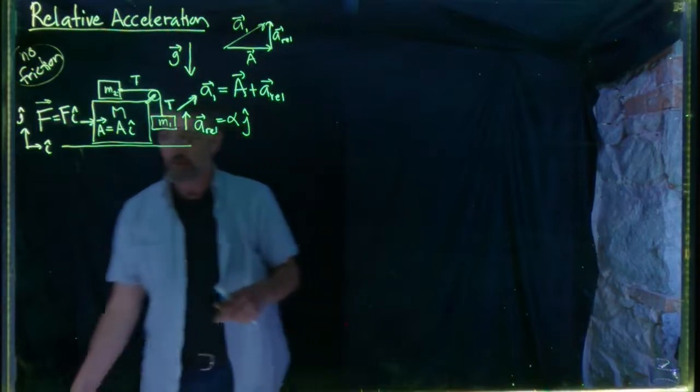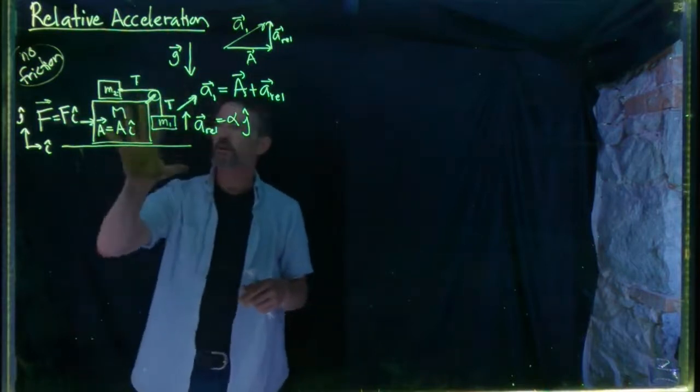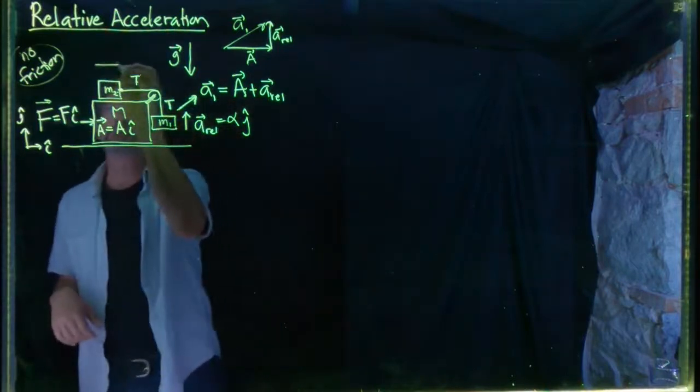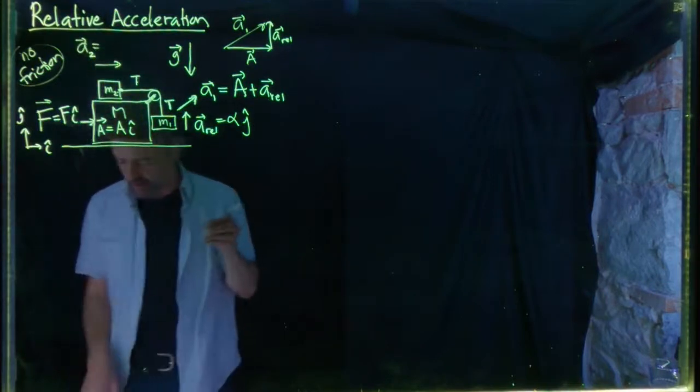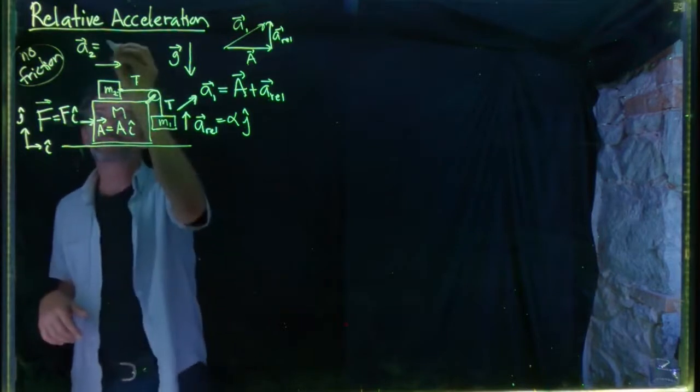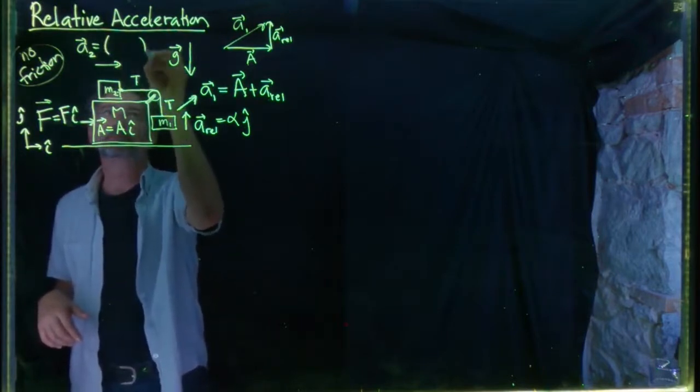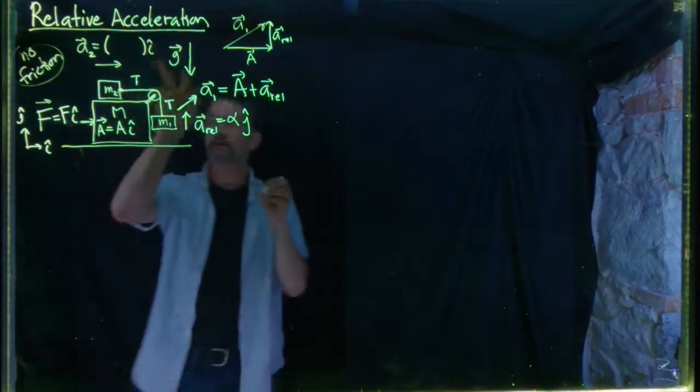Now, the last object we need to consider is the acceleration of M2. So M2 is going to have some acceleration as well, A2. What's that going to be? Well, that is going to be in the i hat direction, so it's something times i hat.